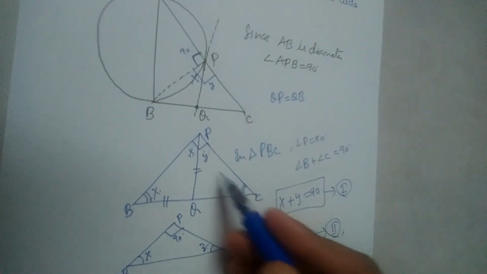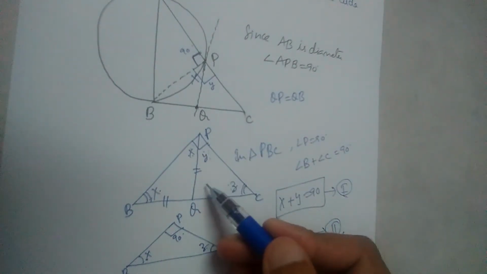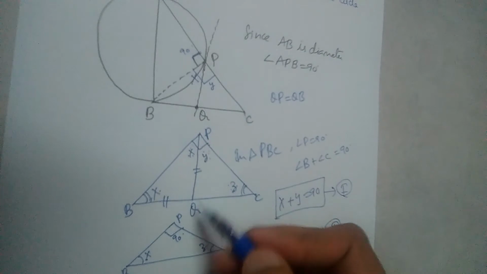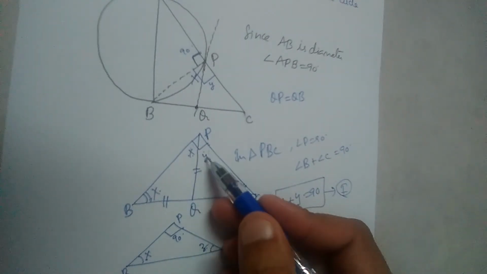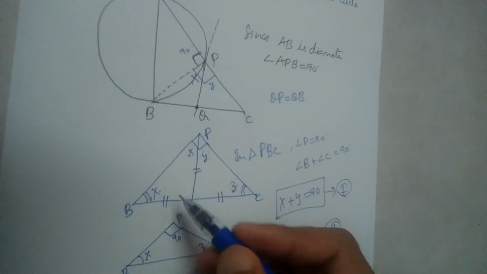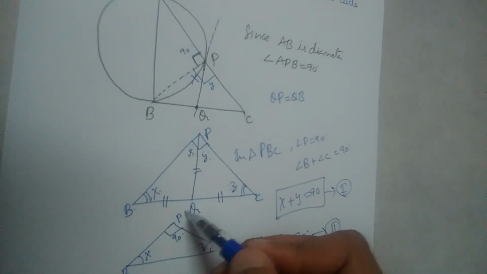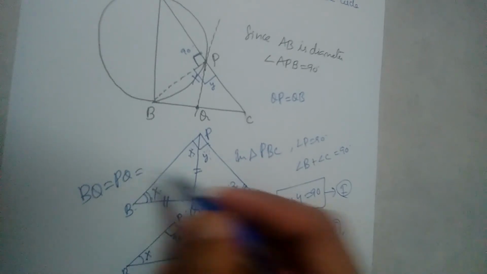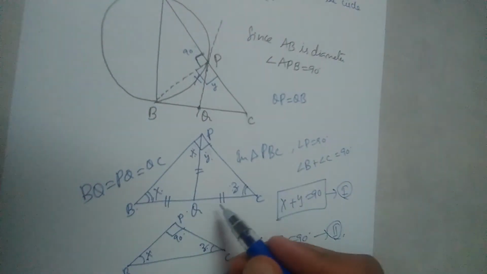So if these two angles are equal, their opposite sides should also be equal, right? So opposite side of angle Z is PQ, and opposite side of angle Y is QC. That means these three sides are equal. BQ is equal to PQ, it is equal to QC, right?